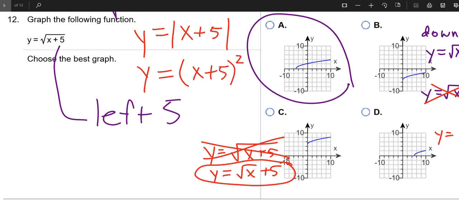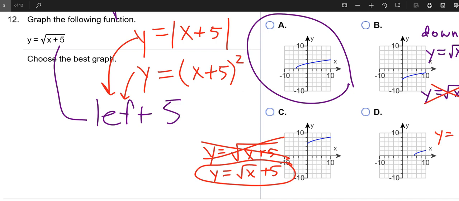Every one of these is taking the original shape and moving it left 5 units. Now, we talked about why that's the truth, and we talked about how what's really going on, if you want it to stay the same, is you have to put in values to continue to get a 0. What number would you have to put in here to get a 0?